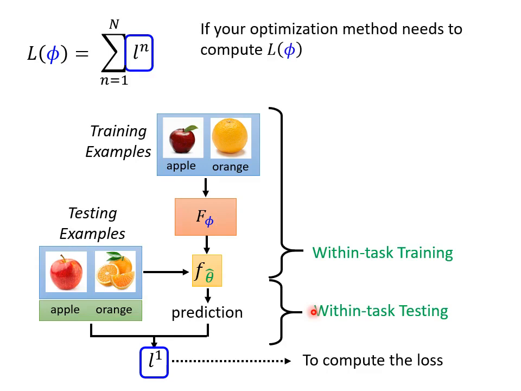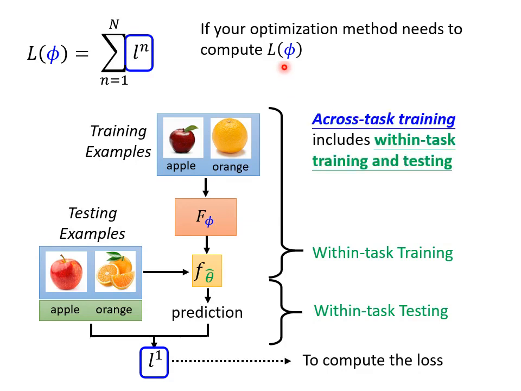So if your optimization algorithm needs to compute capital L, then to compute capital L, you need within task training and testing. So across task training includes within task training and within task testing.